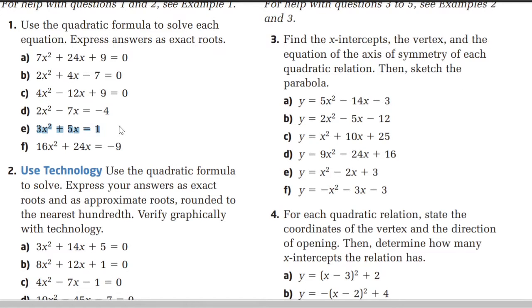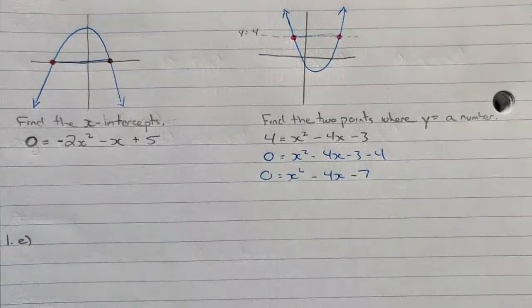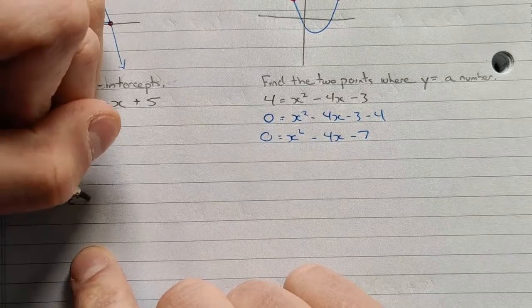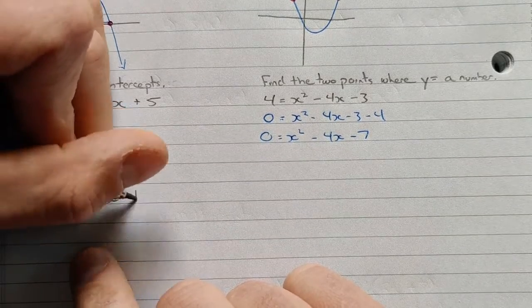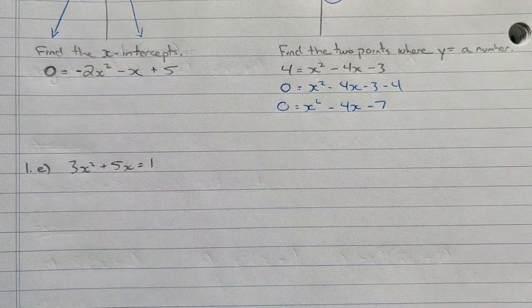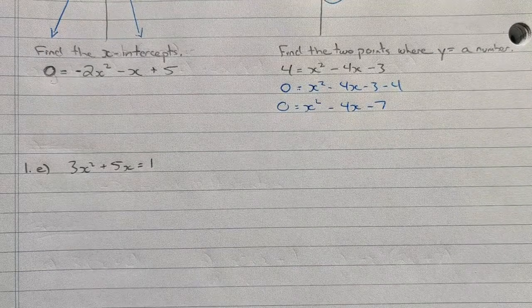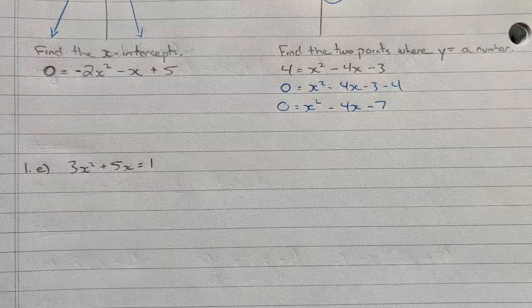1E, we have 3x squared plus 5x equals 1. So in that case, what we're looking at is this. We have to get it to 3x squared plus 5x plus whatever equals 0.